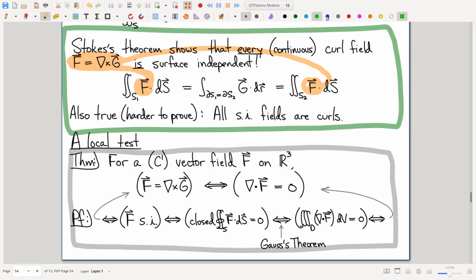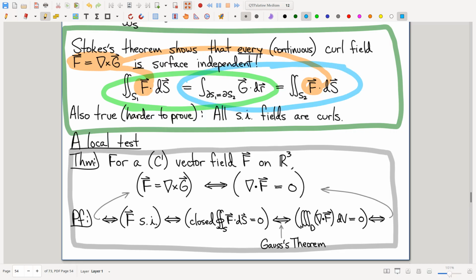Well, when you compute it on one surface, the fact that you're looking at a flux of curl means you can invoke Stokes' theorem, just like the diagram suggests it might be useful. Stokes' theorem gives you the boundary line integral. Likewise on the other surface, Stokes' theorem again tells you that you can compute that with the boundary line integral. These two surfaces have the same boundary, which means you get the same line integral, which means these two fluxes are equal, which means the vector field is surface independent.